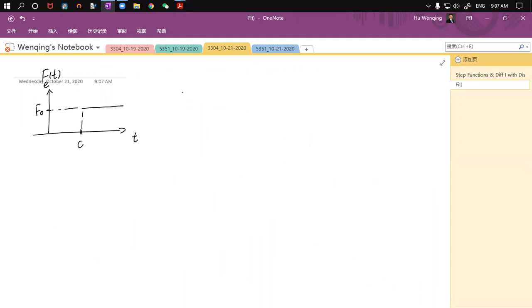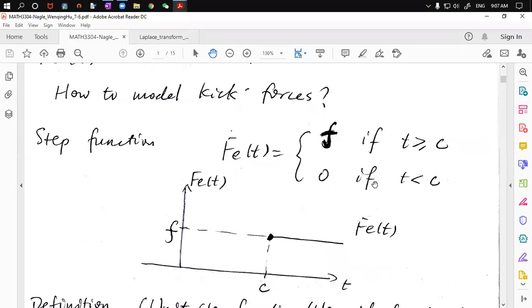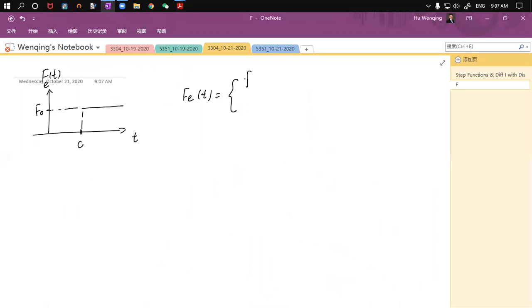So f of t is equal to f if t is greater or equal to c, and it's 0 if t is less than c. That's a typical scenario where you have a discontinuous force, something like this. Is that good for everybody?